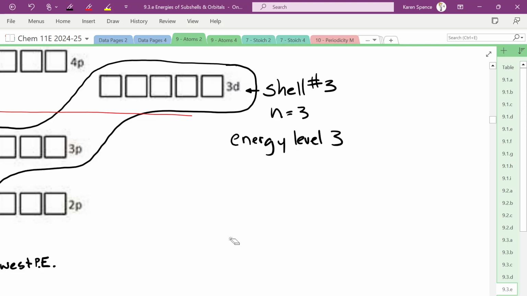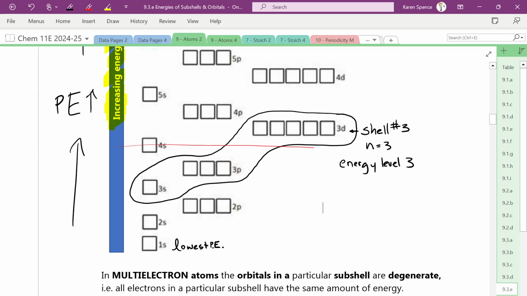And I did want to mention, because it confused my period 2 class, watch out for the difference between energy level and the amount of energy. These three subshells make one energy level, but each subshell is at a different potential energy.